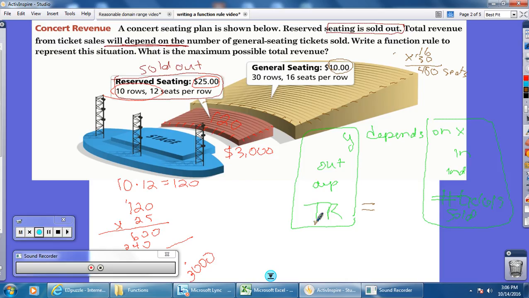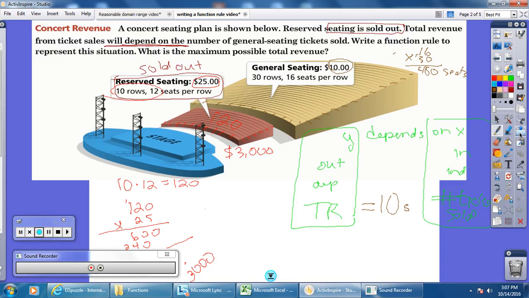So, can I say my total revenue is equal to 10, right? Okay, so total revenue is equal to $10 per seat, right? Per seat. If you want to use S, we can do a little S there, per seat, plus $3,000, right?